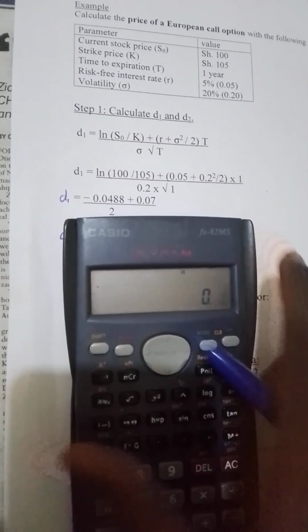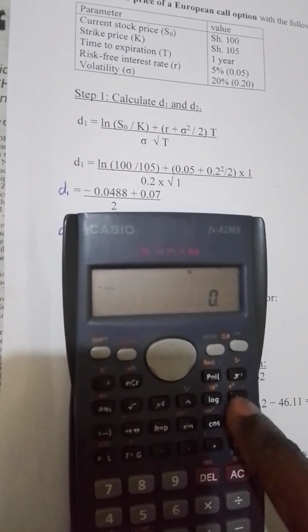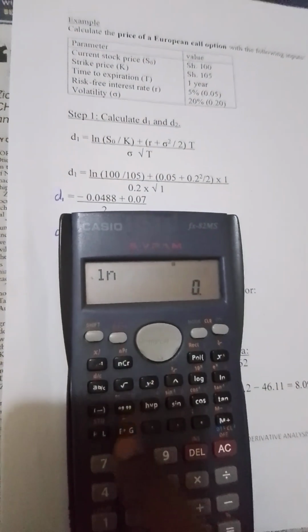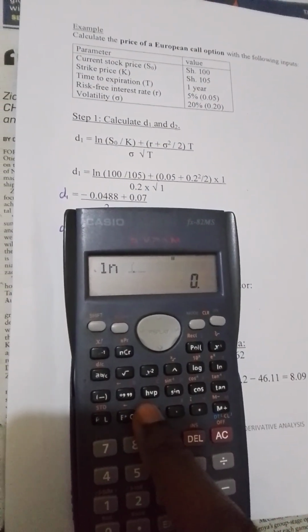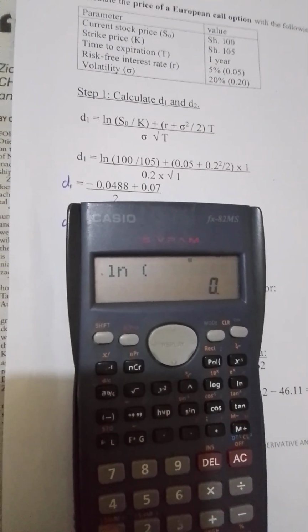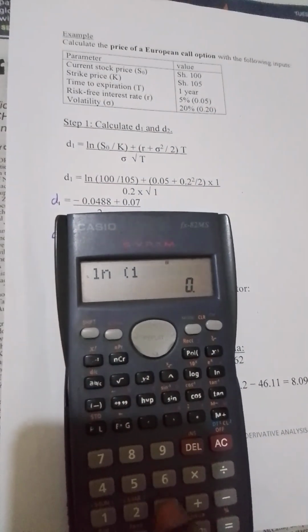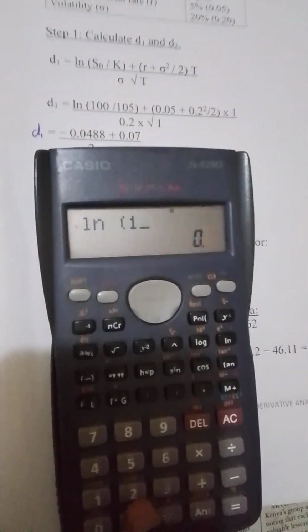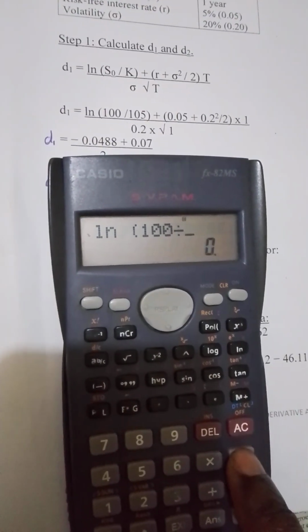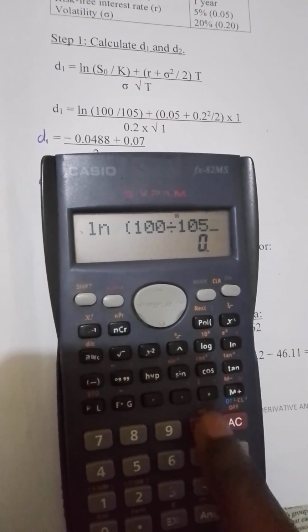You just pick a natural logarithm here, then open the brackets, then you input 100 divided by 105. You close the brackets.